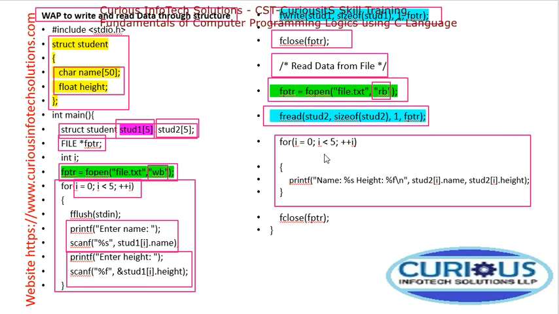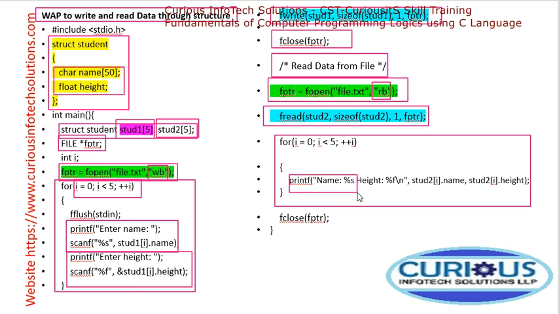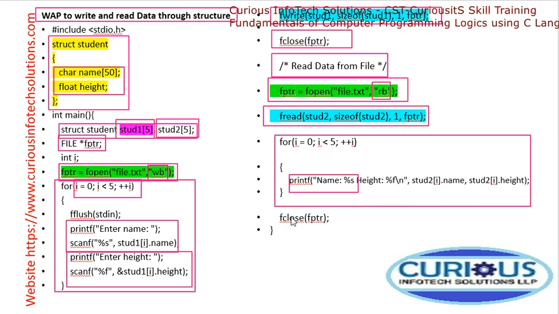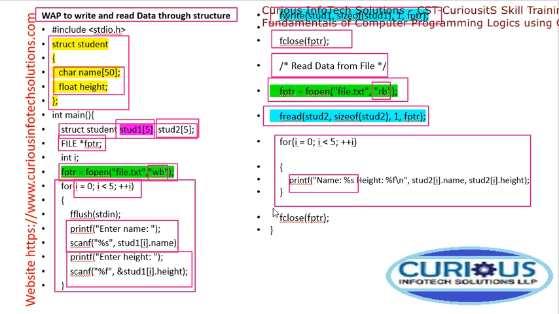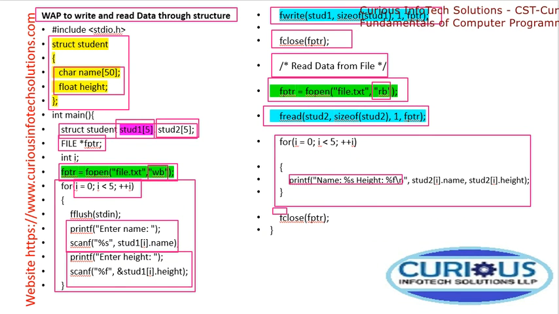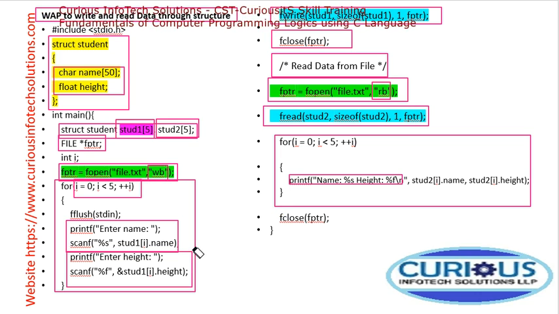This is the traditional approach using a for loop, and here we have a printf in which name and height are printed. Likewise we can make our program, and lastly there is the close of the file. Similarly, we can make a very good project through all these concepts.